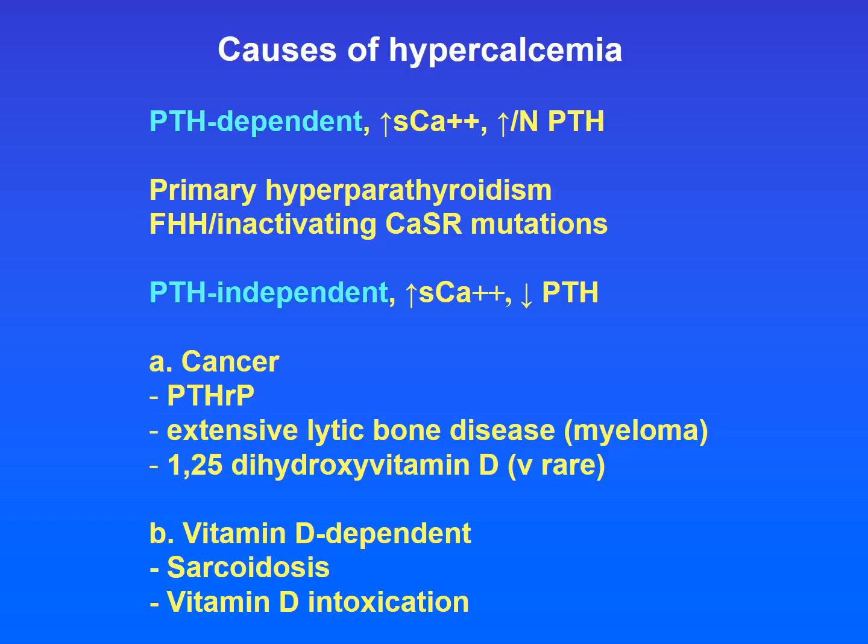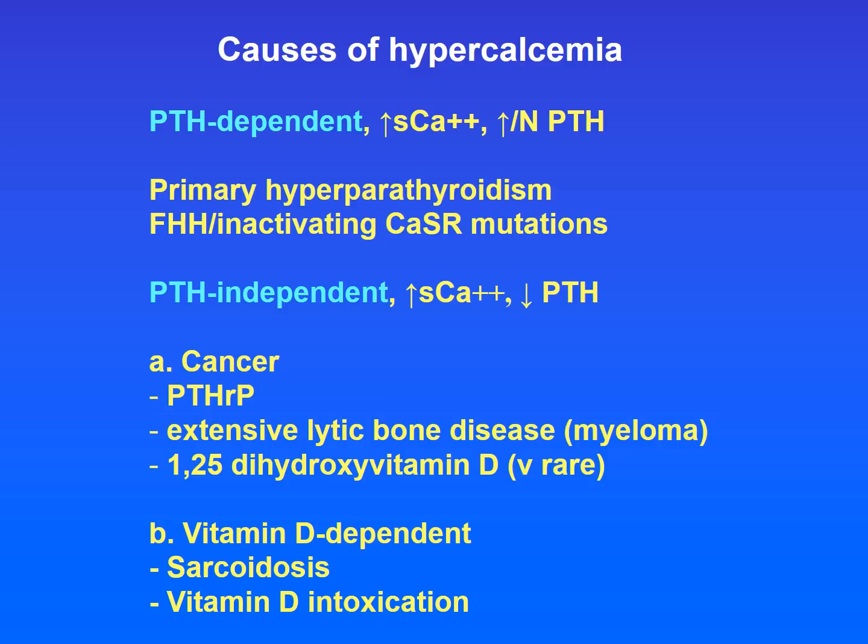Can also be caused if the cancer is involving the skeleton, causing a lot of bone resorption, which floods the extracellular fluid with calcium, and particularly is likely to occur if the ability to excrete that resorbed calcium is diminished, that is, in patients with some impairment of renal function.